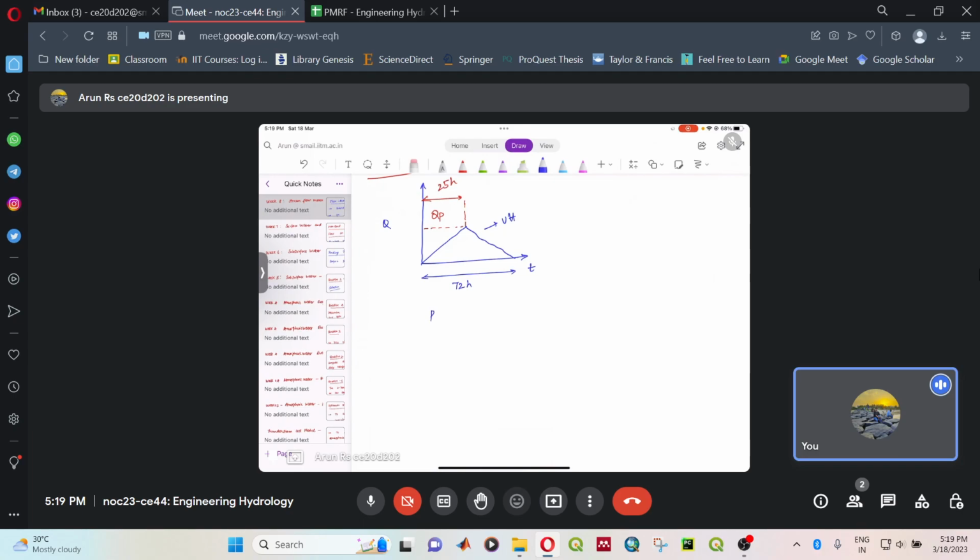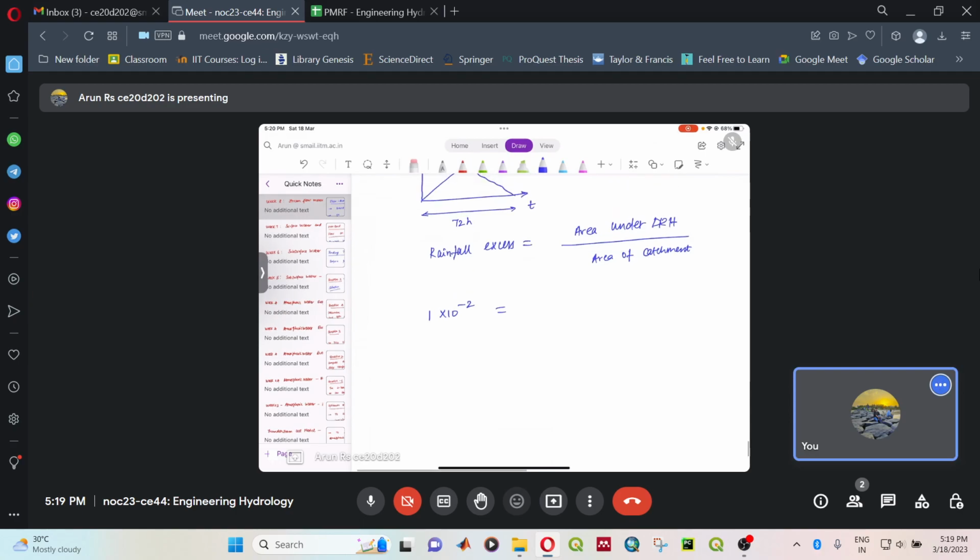So we know that rainfall excess is equal to area under DRH, which gives the runoff volume, divided by area of the catchment. Since this is a unit hydrograph, the rainfall excess is 1 centimeter. I am converting it into meters for the uniformity of units.